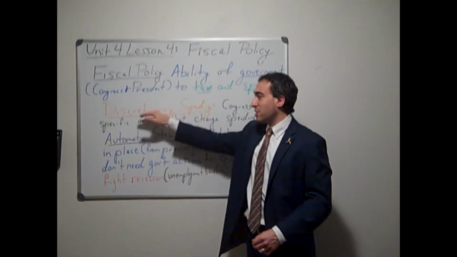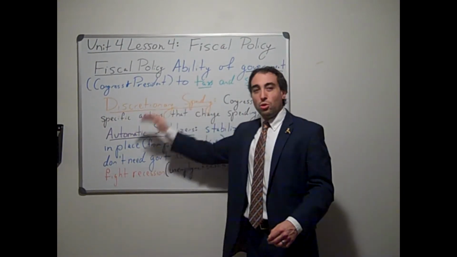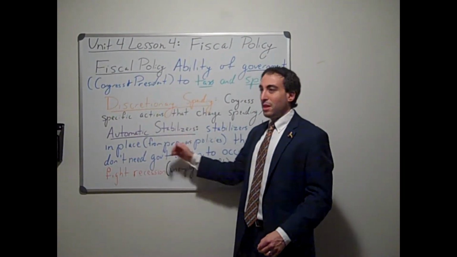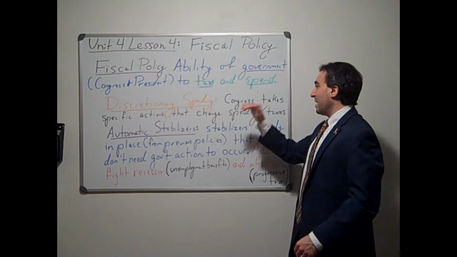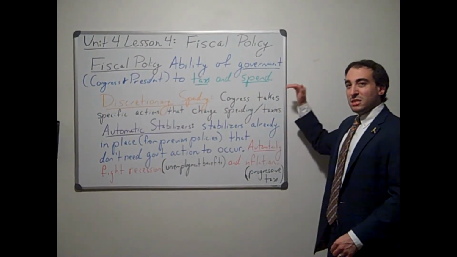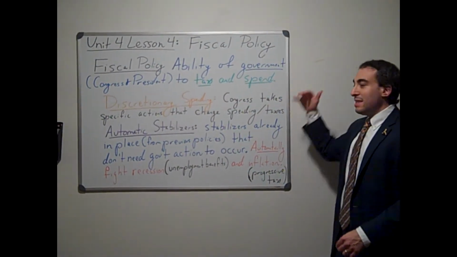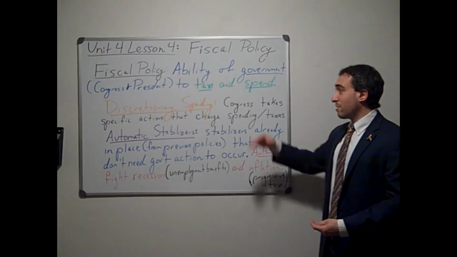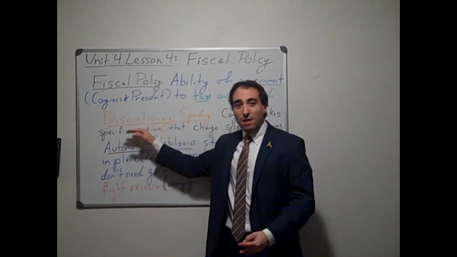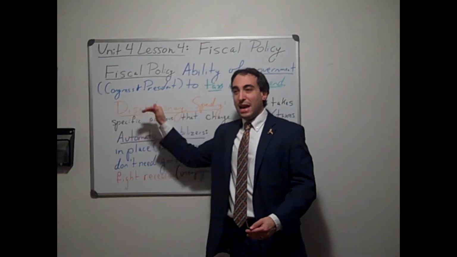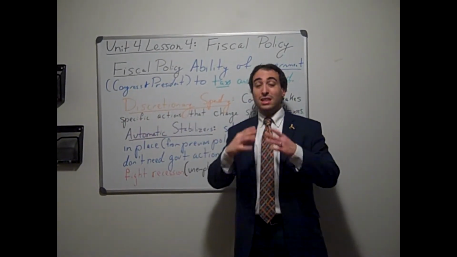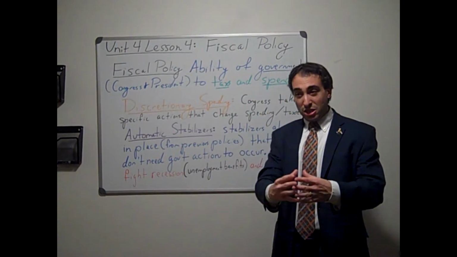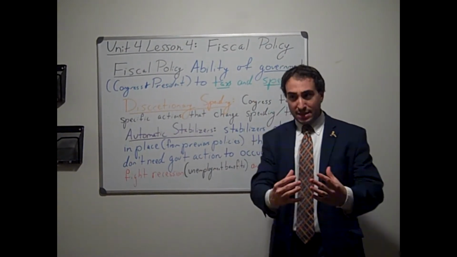Within this, there's discretionary spending versus automatic stabilizers. Discretionary spending is when Congress takes specific actions that will change spending and taxes. They are passing new legislation that changes spending or taxes.